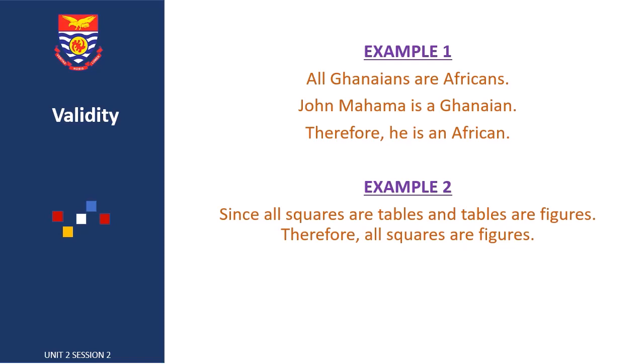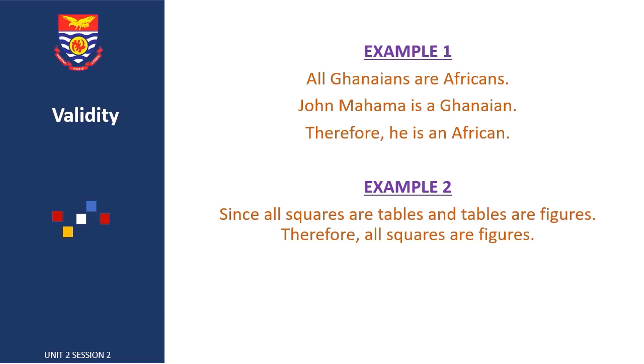I know that in real life situations, not all squares are tables. But you see, in validity, we don't consider real life situations. All we want to know is that per the established premises, does the conclusion follow from the premises?